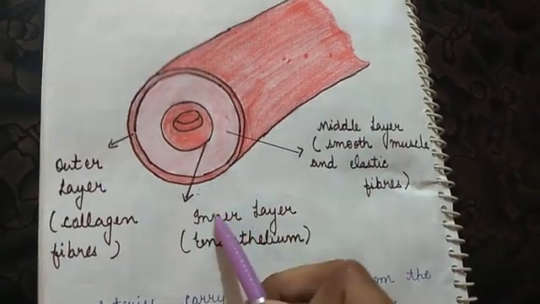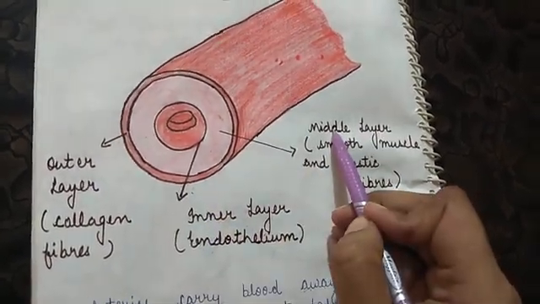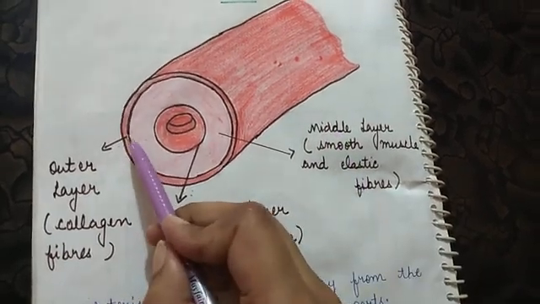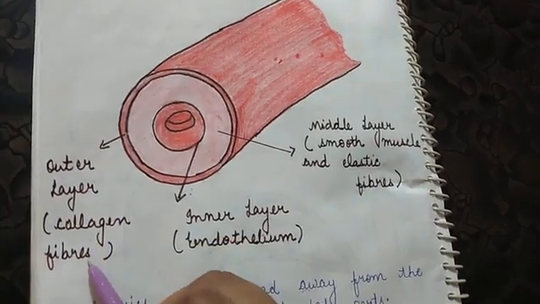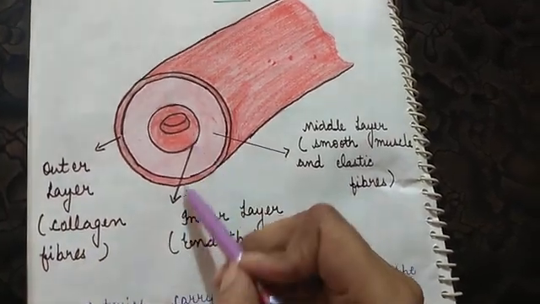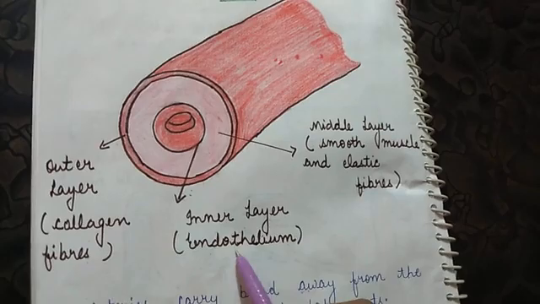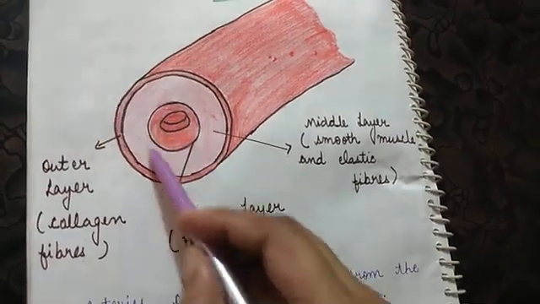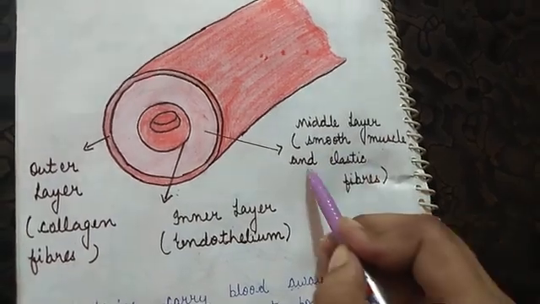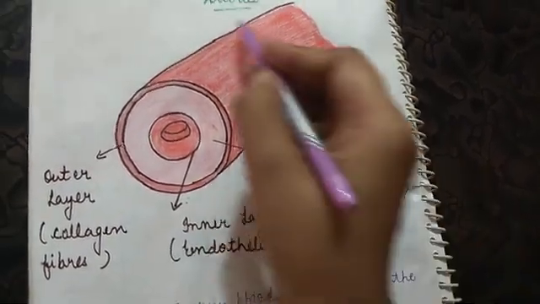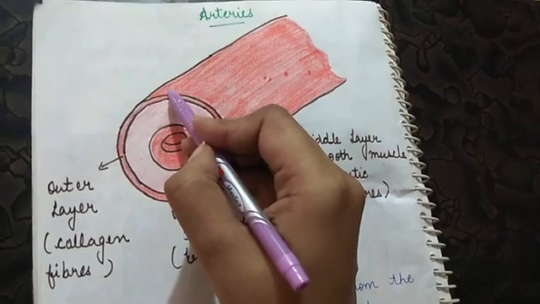Outer layer, inner layer and middle layer. The outer layer is enriched in collagen fiber. The inner layer is known as endothelium, and this pink-like structure in the middle has smooth muscle and elastic fiber. So this was about the structure of artery.